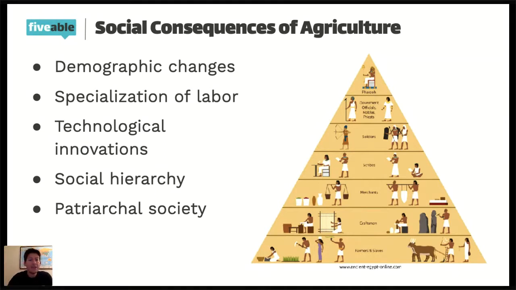The last of these social consequences that I really want to talk about is the development of patriarchy. This is a term that you'll hear a lot in your course, not just in the old course, but in the AP World Modern course. It comes to define much of society across the world, especially agricultural civilizations.